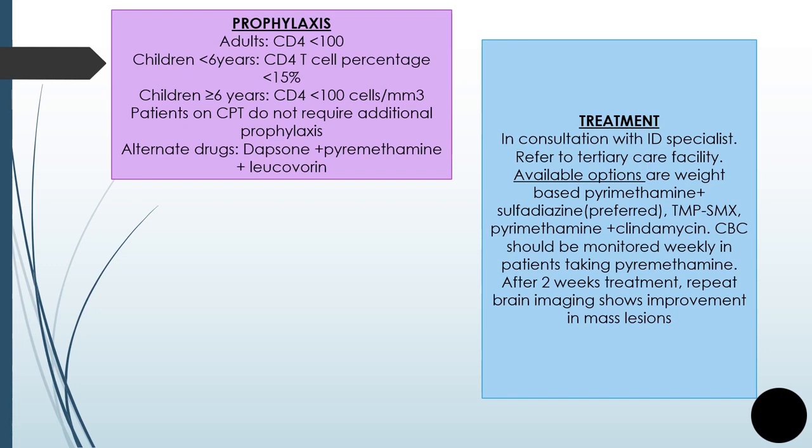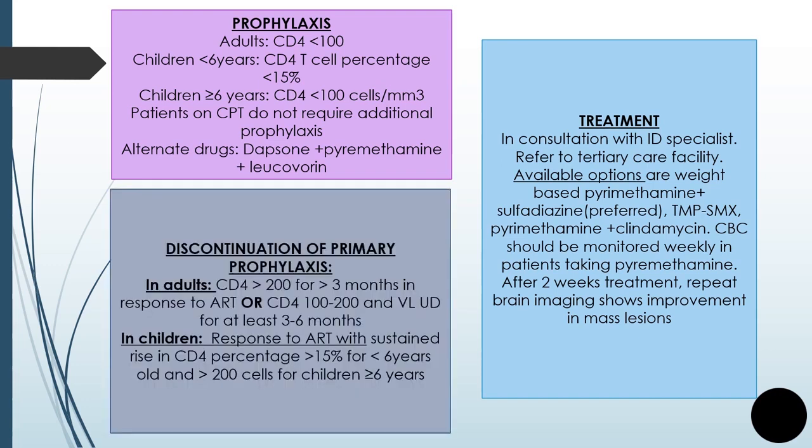Since brain biopsy is not routinely done and due to limited availability of diagnostic tests, the treatment is usually started empirically, and response is measured after 2 weeks of treatment and with the improvement in brain imaging. So if brain imaging shows improvement in mass lesions, then the treatment is continued considering it as toxoplasmosis infection.